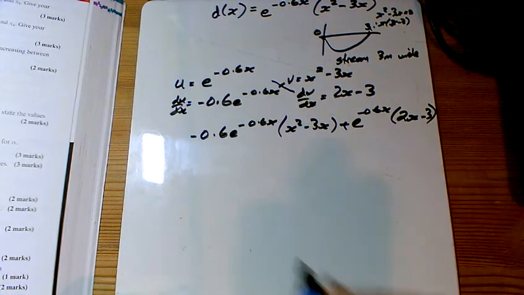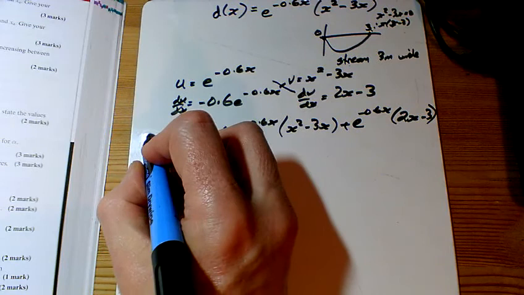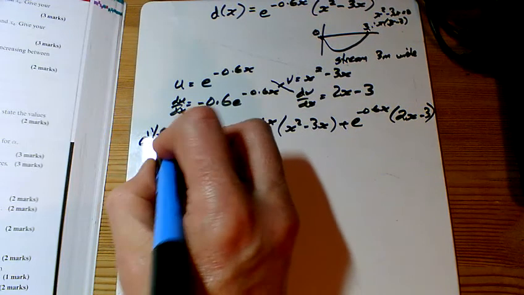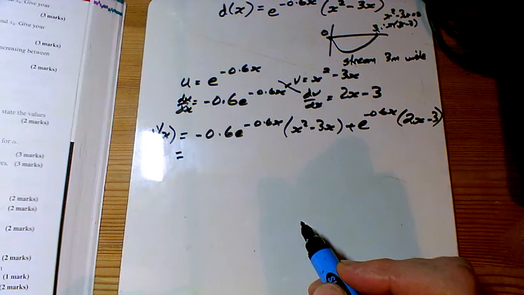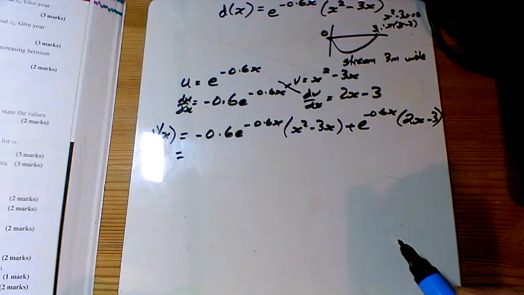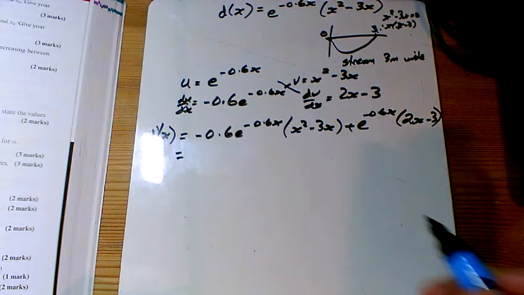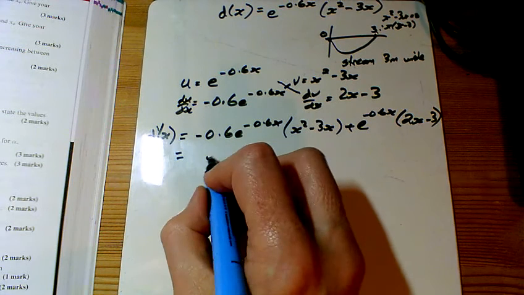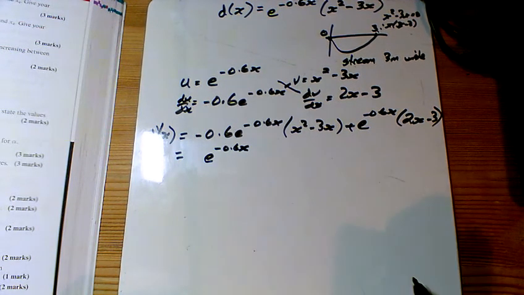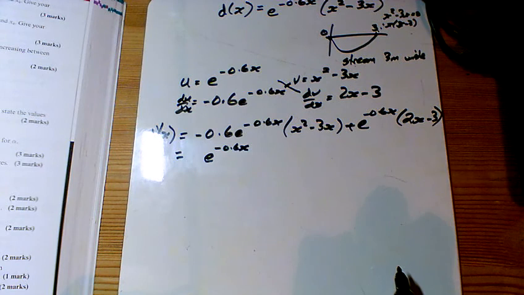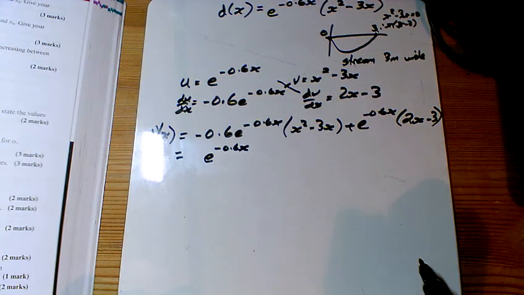So that is d dashed of x there, but they're asking us to show that it can be tidied up. So if we take the e to the minus 0.6x out, and they want us to take out fifths as well, don't they?